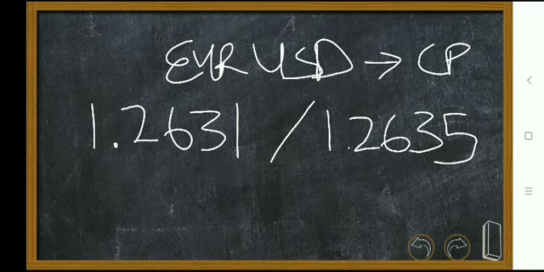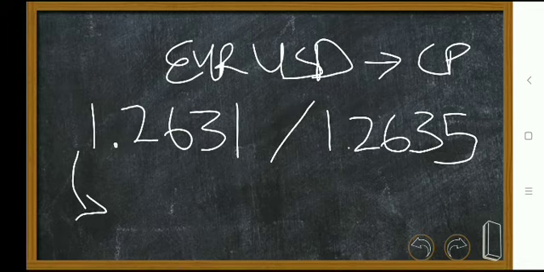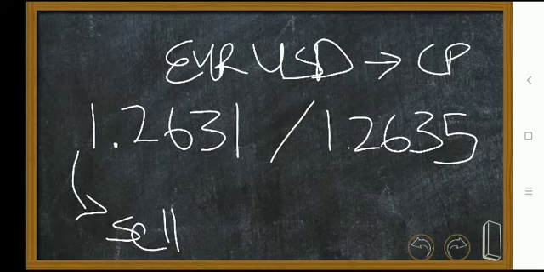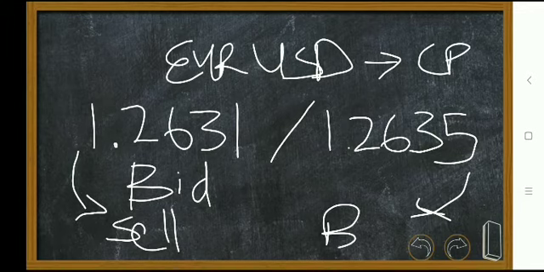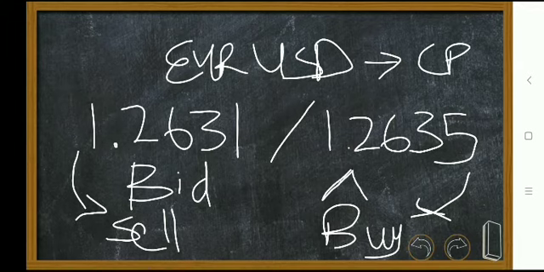So, like I said before, this sell price will be called the bid. Then this buy price will be called the ask. This is the bid and the ask.